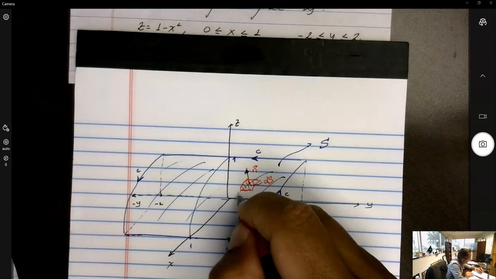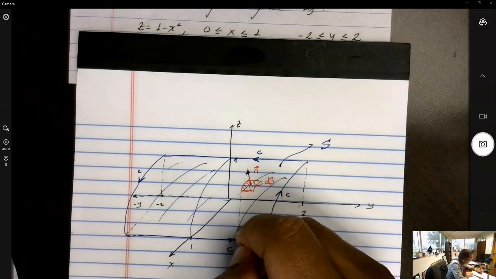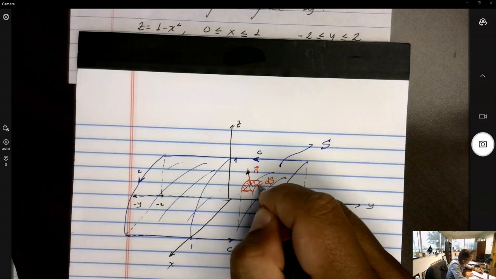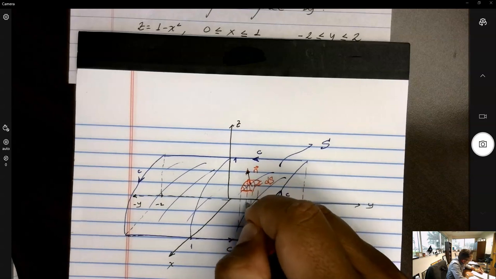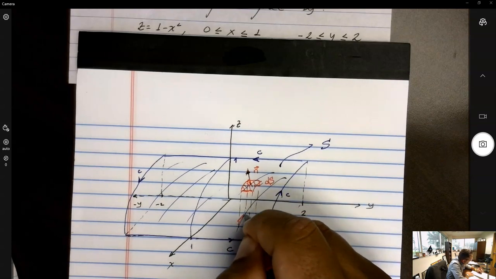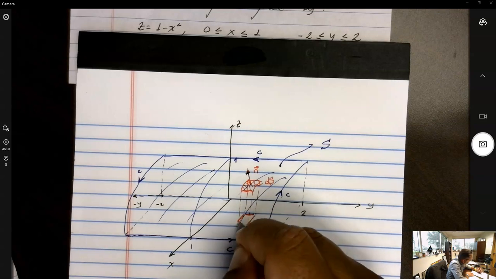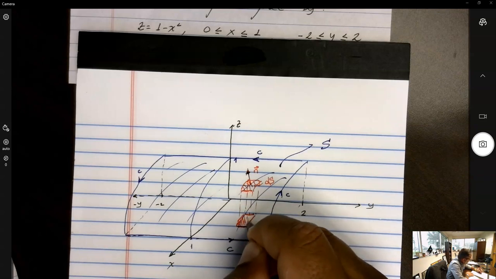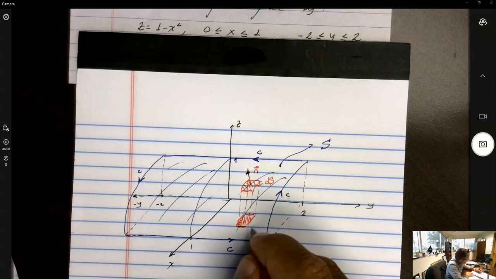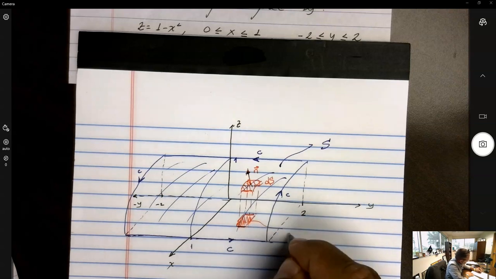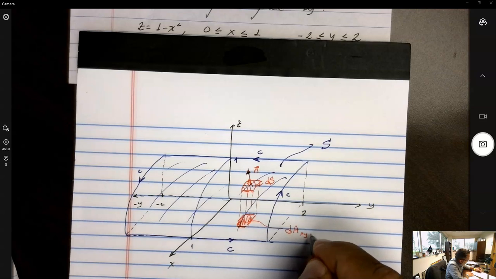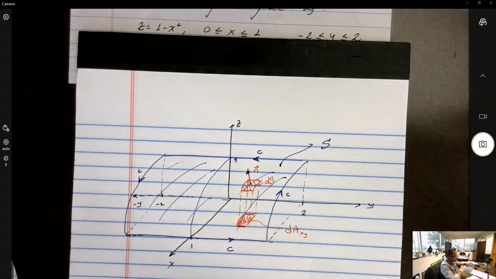That differential of surface will project down as a differential of area in the xy plane.